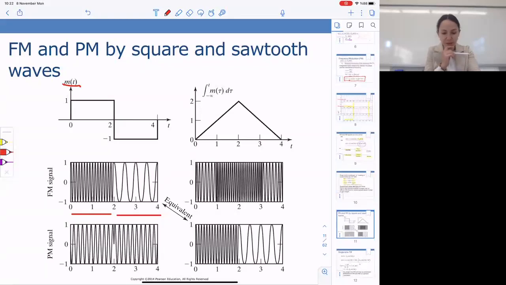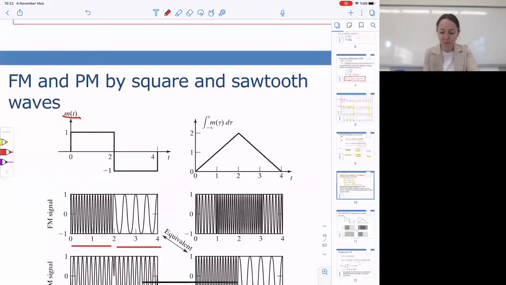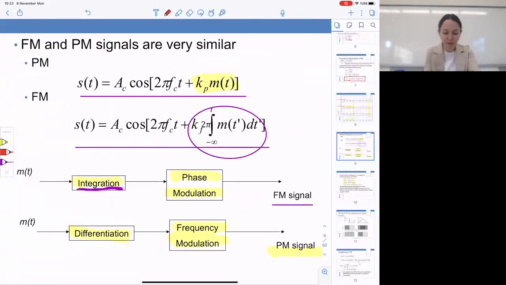Okay, how about phase modulation? Notice that we showed that phase modulation is nothing but differentiate the message, and then use it as frequency modulation.